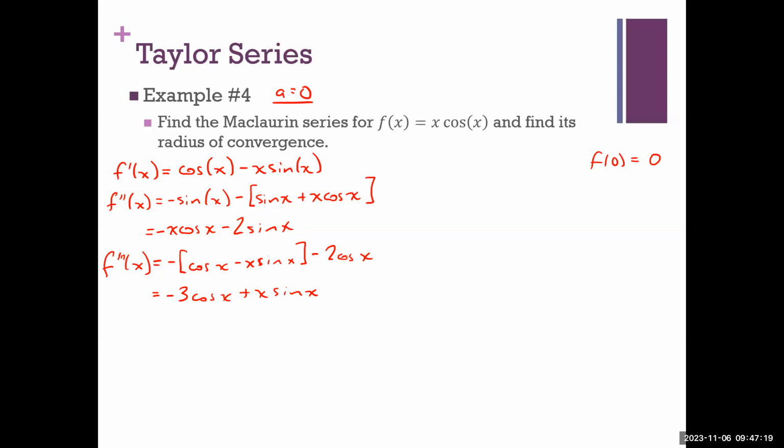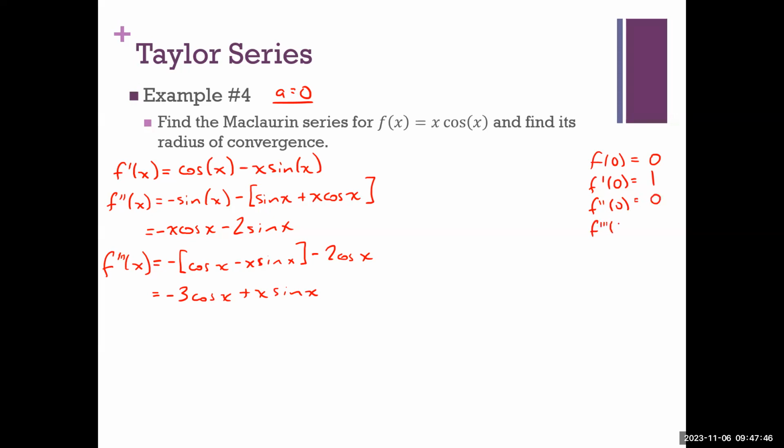Right, do we see any patterns coming out of this? I got 3 derivatives, maybe we should write down some terms. What's f prime of 0? 1. What is f double prime? 0, right?